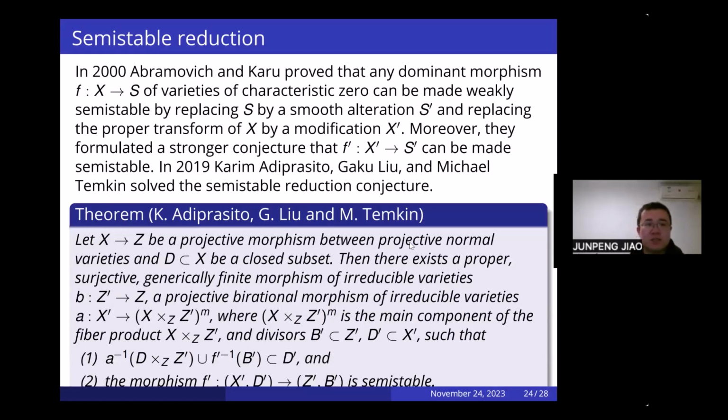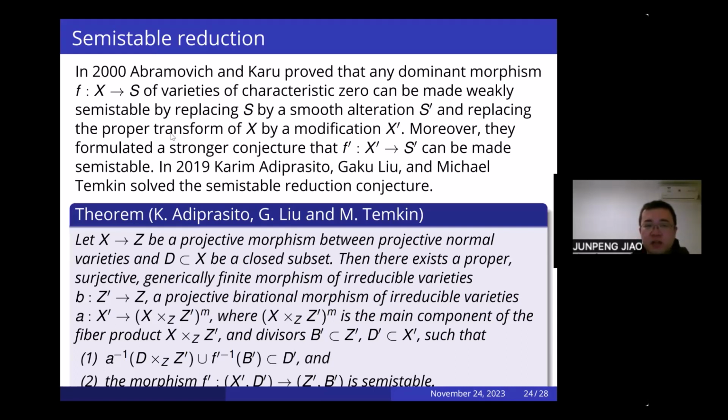It is called semistable reduction. In 2000, Abramovich and Karu proved that any dominant morphism of varieties of characteristic 0 can be made weakly semistable by replacing S by a smooth alteration. A smooth alteration is a generically finite cover.